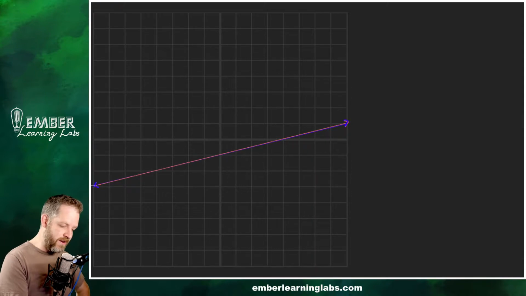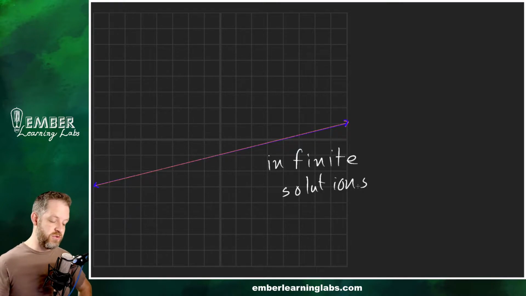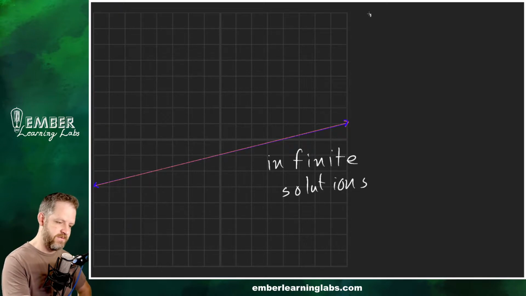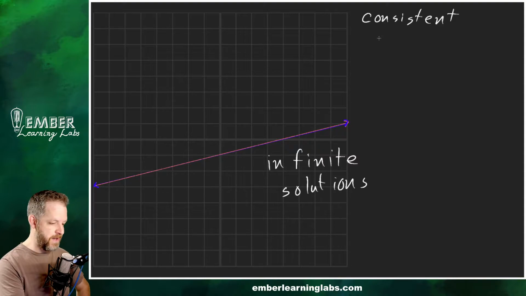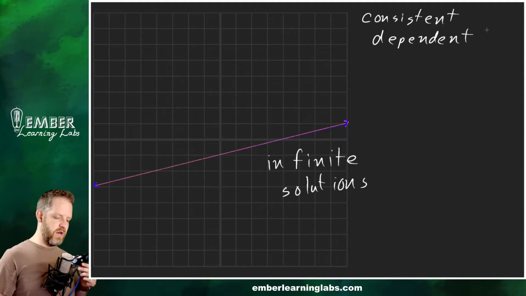So, they have infinitely many solutions because they're always touching. So if you have a system that is two of the same line, they have infinite solutions. And they are considered to be consistent because they have an answer. And they are considered to be dependent. They're codependent. They're dependent on one another, right?